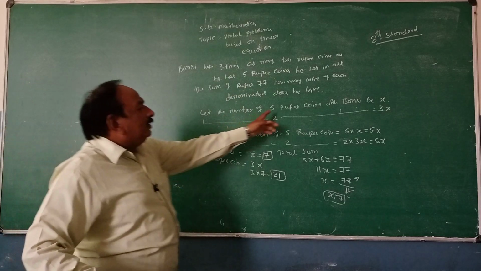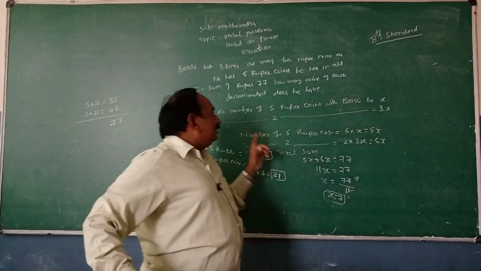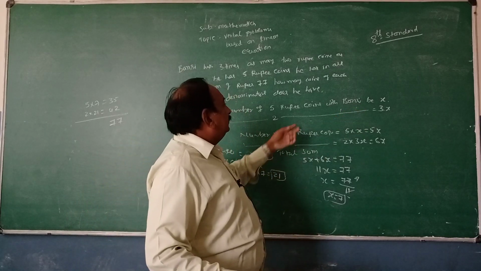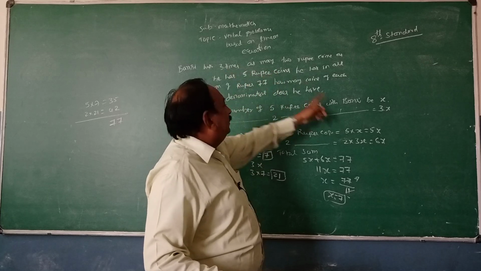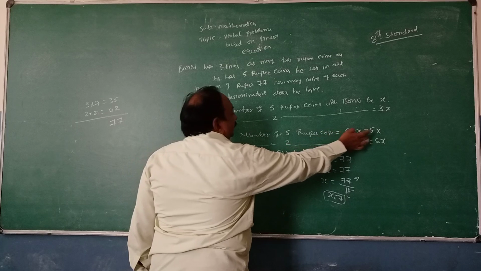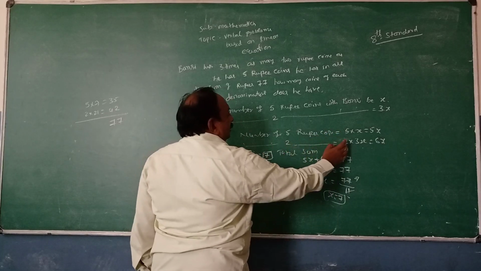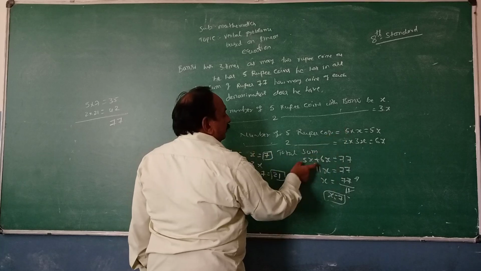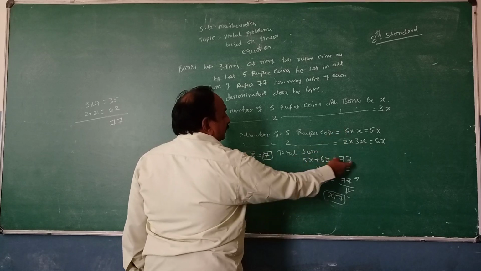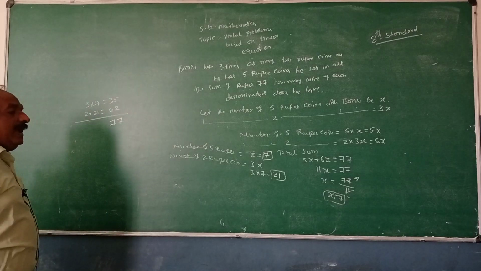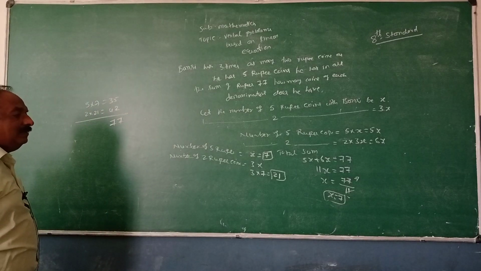Let the number of 5 rupee coins with Bansi be x. Let the number of 2 rupee coins with Bansi be 3 times, 3 into x, 3x. Value of 5 rupee coins: 5 into x. Value of 2 rupee coins: 2 into 3x, 6x. 5x plus 6x, add up their sum: 5x plus 6x is equal to 77. 11x is equal to 77. x is equal to 77 by 11, 11 7s are 77.